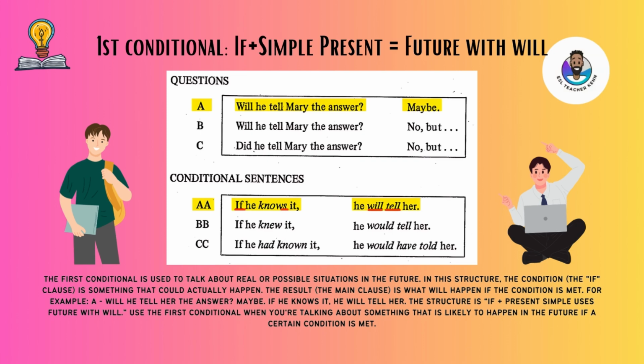Maybe. If he knows it, he will tell her. The structure is if and present simple, uses future with will. Use the first conditional when you're talking about something that is likely to happen in the future if a certain condition is met.